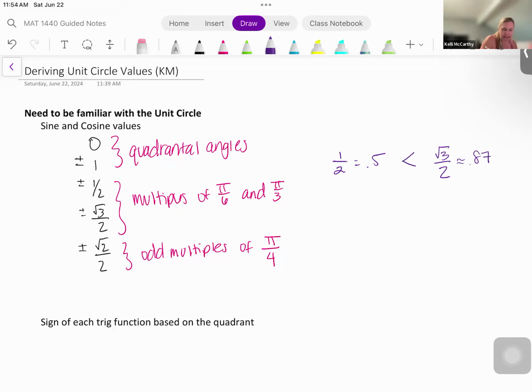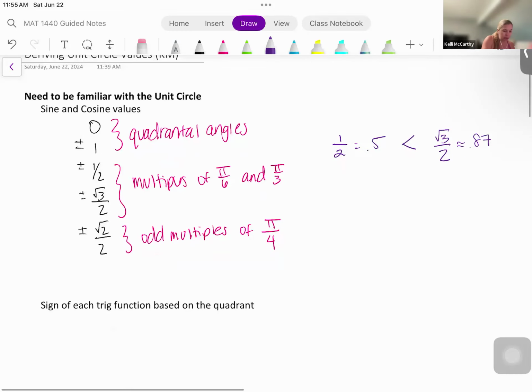So what this tells me is that a value of square root of 3/2 has a larger magnitude than 1/2. So square root of 3/2 is 0.87, larger than 1/2. We're going to use this knowledge as we continue through this.